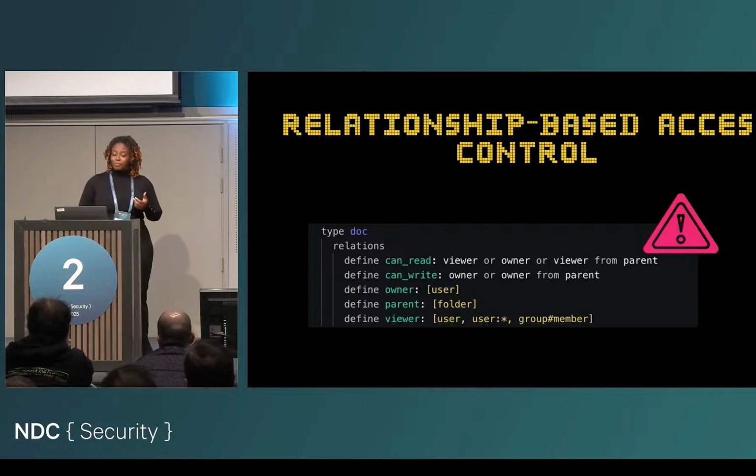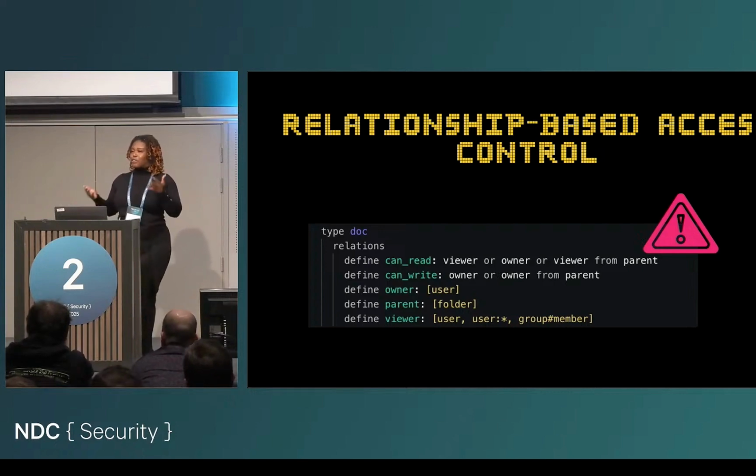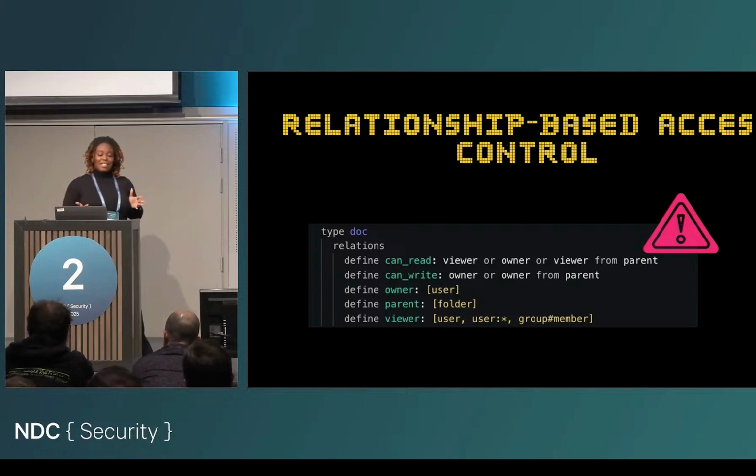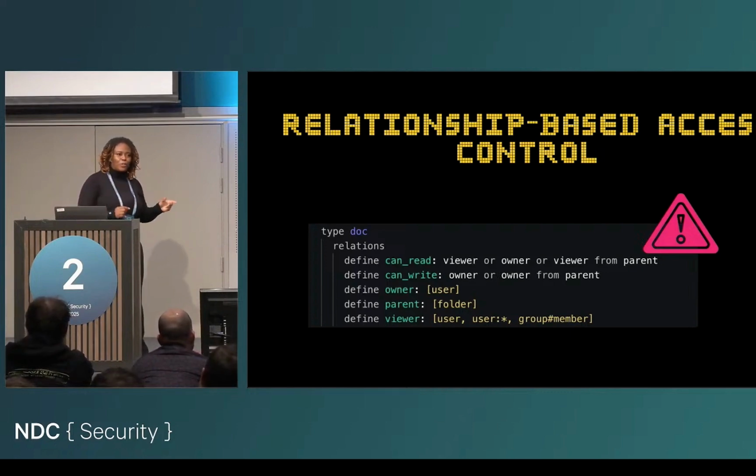Well, the viewer, the owner, and the viewer from parent. And viewer from parent in this case would mean that the parent would likely be a folder, and the folder might have assigned viewers. So if you can view the folder, you can generally view the document.